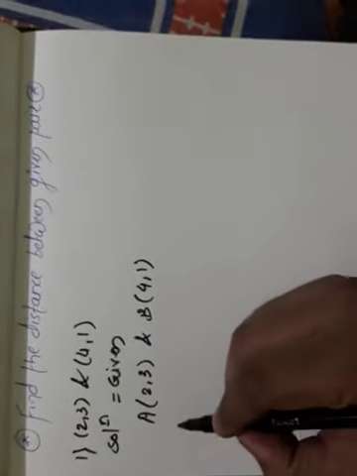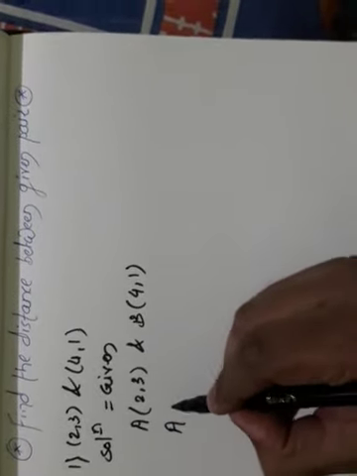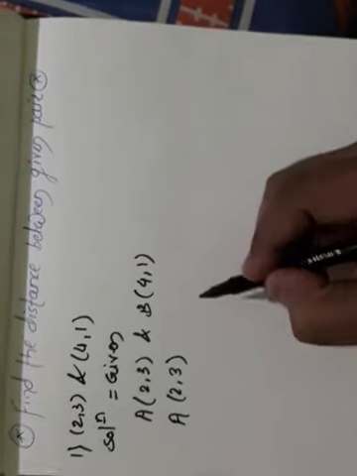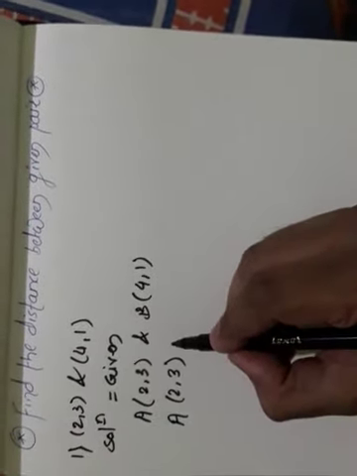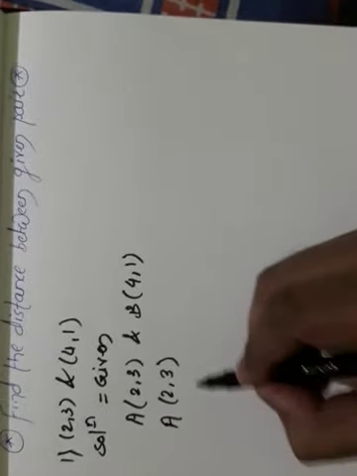Then what to do, look here. Yesterday also we considered the first point. Here the first point is A, its coordinates are 2 3. Yesterday in that derivation we considered the first point as x1 y1 and the second point as x2 y2. Same thing we have to follow here.